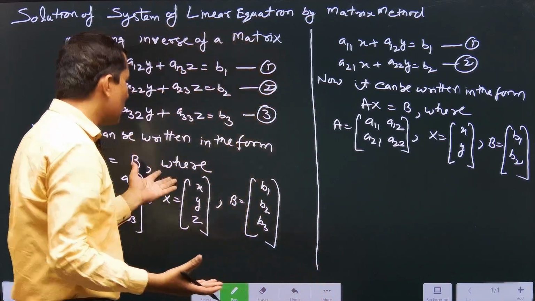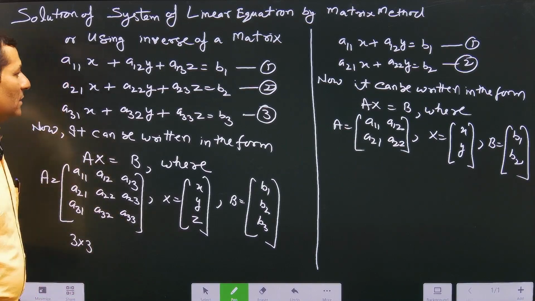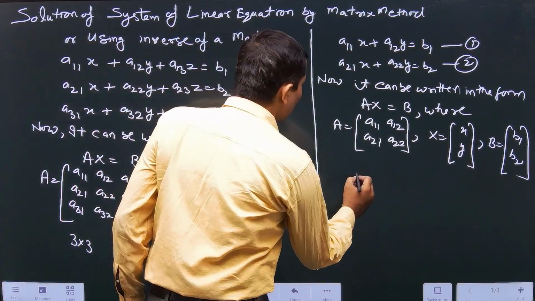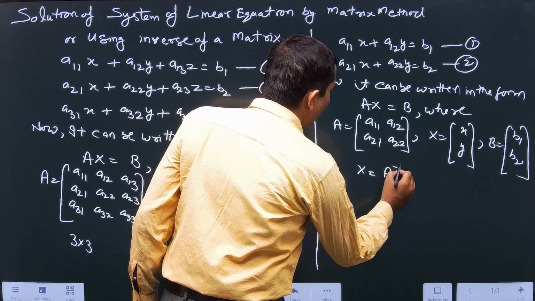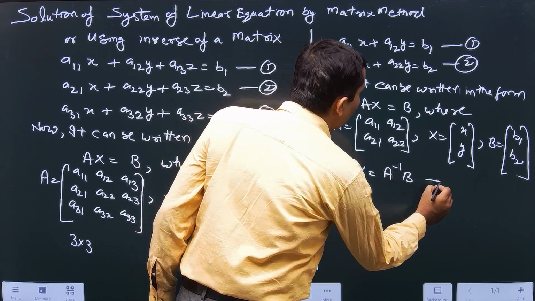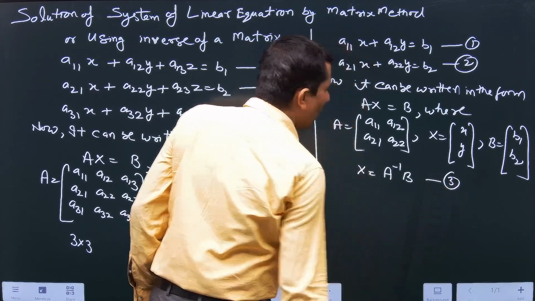Here it is the case of matrix multiplication. Now X is equal to A inverse B. It is your equation third. Understand?